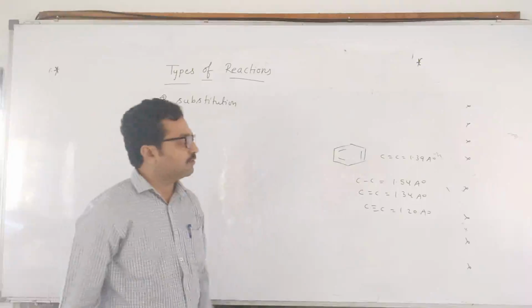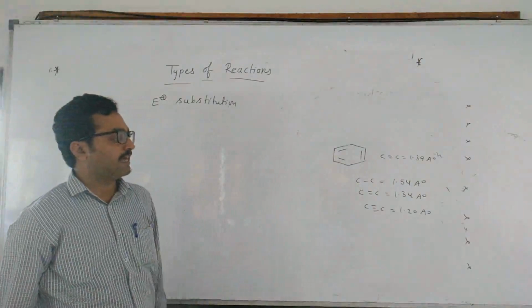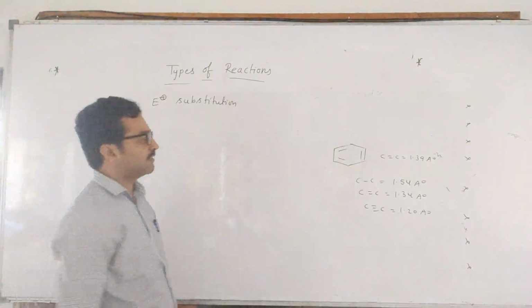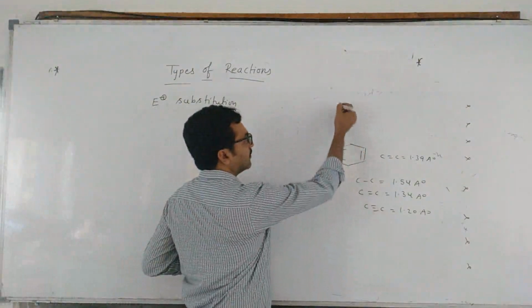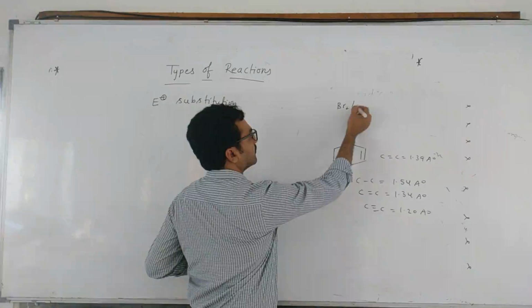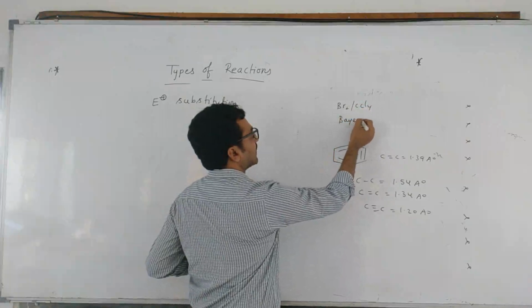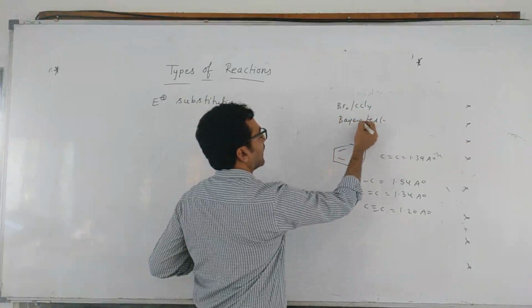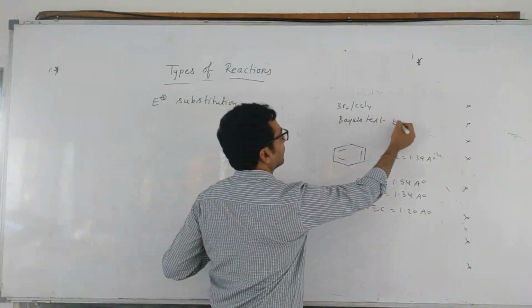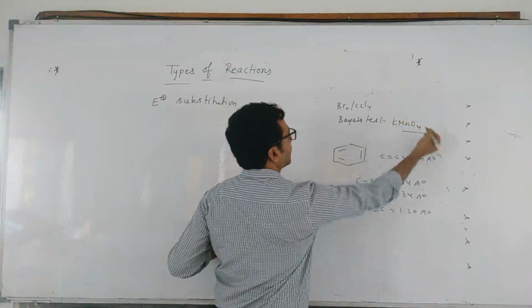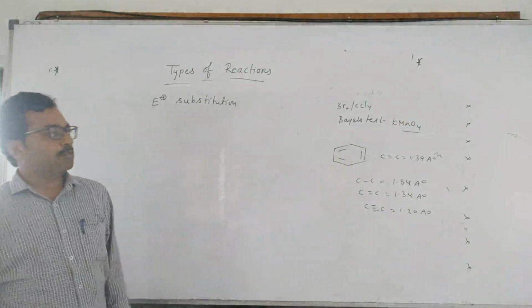Means it does not give two tests which are given by unsaturated compounds. What are the two tests? Tell me. Bromine water test, another one Baeyer's test. These are the two tests given by an unsaturated compound. Alkaline KMnO4 is called Baeyer test.